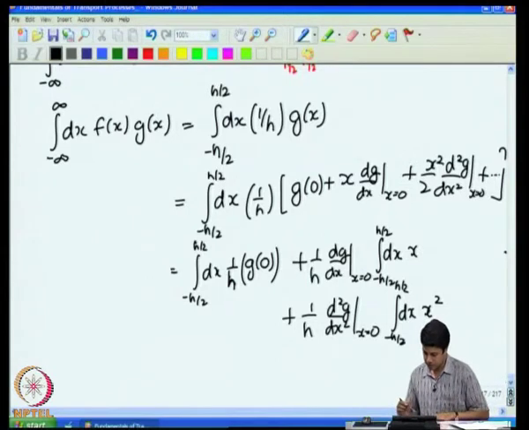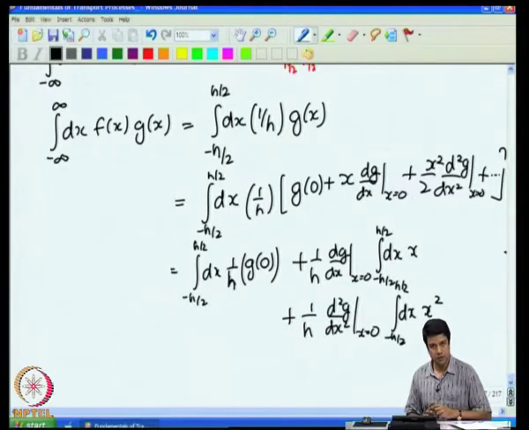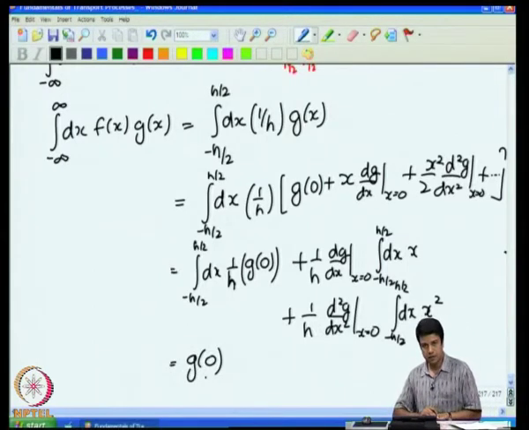So, this first term is just an integral of a constant. So, minus h by 2 to plus h by 2 integral dx 1 over h, this is just equal to g of 0. The second term, if you see, I have an integral of x times dx. So, that is going to go as h square when I integrate it from minus h by 2 to plus h by 2.